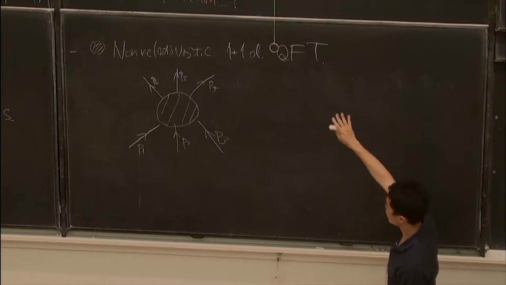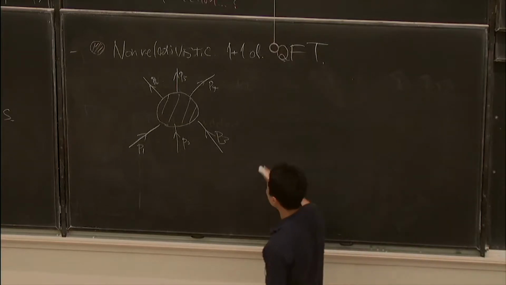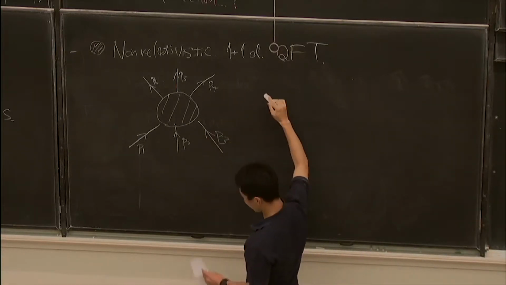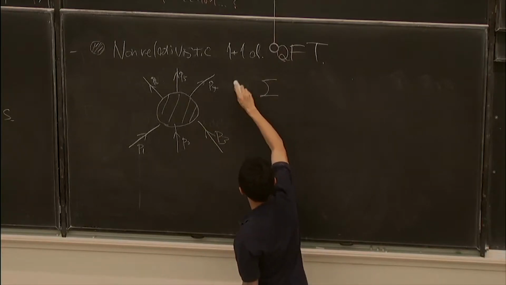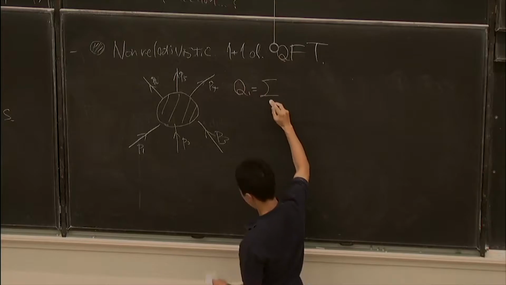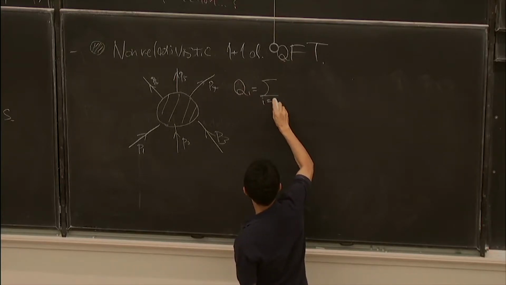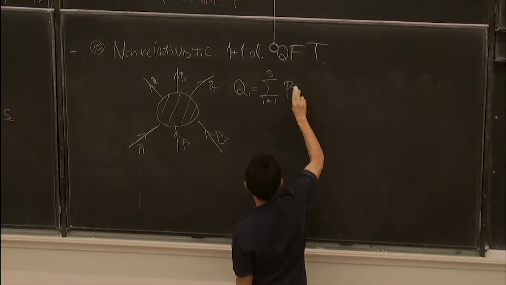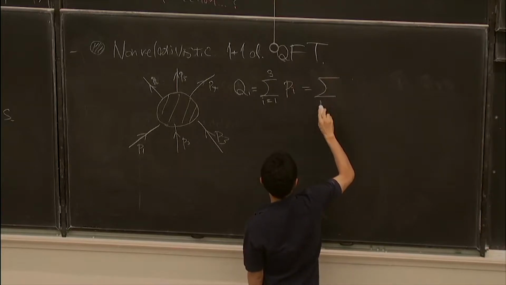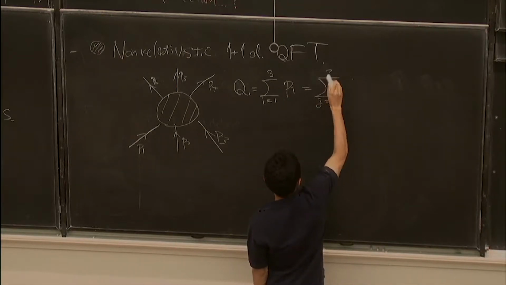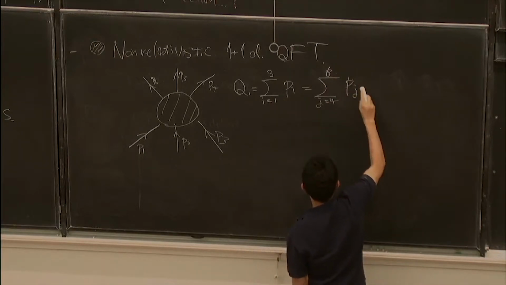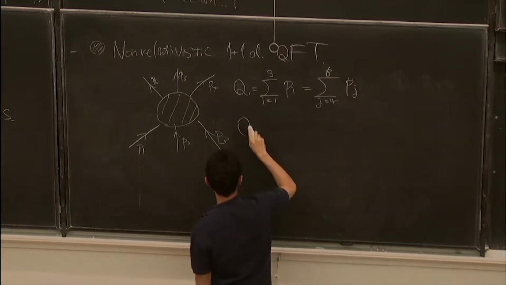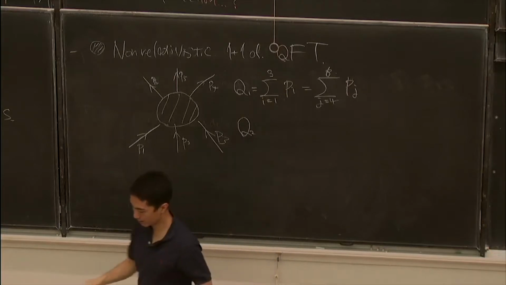And because it's non-relativistic QFT, first of all, we know that in this process momentum must be conserved. So there are two obvious conserved charges. One is the momentum, which you can define in this way, and it is conserved, 3 to 3.